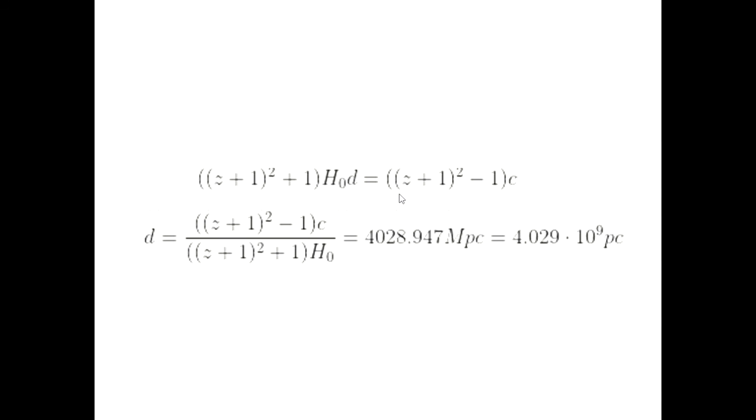After cross multiplying, we divide them all by everything else except for d, for distance, which we will get as 4028.947 megaparsecs. Why megaparsecs? Because that's the unit in which we use the Hubble constant, and C we just adjust for kilometers per second. Or we can convert it to make it simpler, 4.029 times 10 to the power of 9 parsecs.